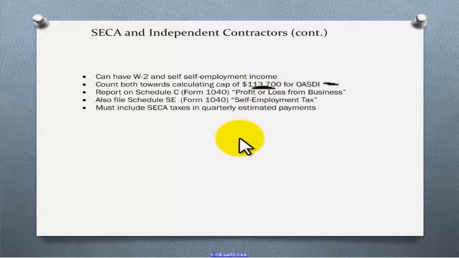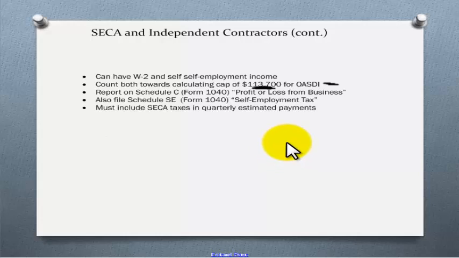Why? Because you've already had FICA tax taken out of W-2 income that's already been withheld. Okay, so that's going to go first when you're trying to figure out, have we met our cap of $113,700? Then you're going to factor in your self-employment income.